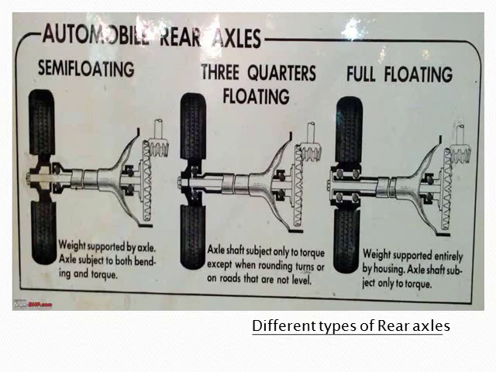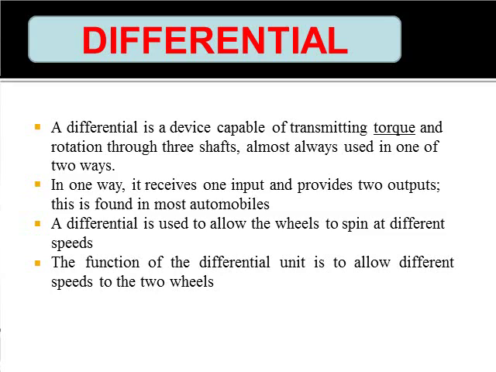Today we'll deal with only drive to wheels. Inside the drive to wheels chapter, you can get propeller shaft, universal joints, rear axle drives, and differential.